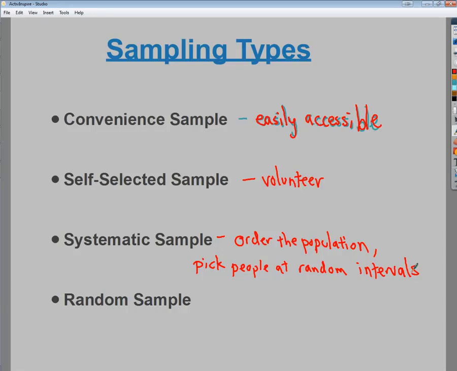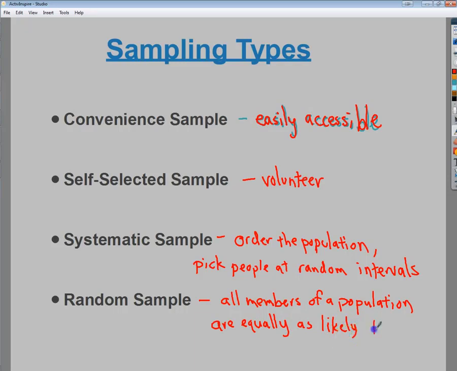The other type is random sample. And this is where all members of a population are equally as likely to be chosen.